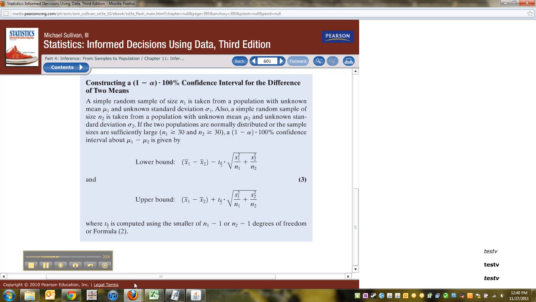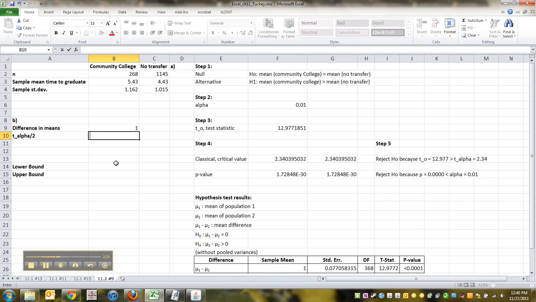They wanted 95%. Okay, so since they want 95%, alpha is going to be 0.05. So t alpha over 2 is equal to T.INV.2T of alpha, and degrees of freedom, we'll use the smaller of the two, so 268 minus 1.